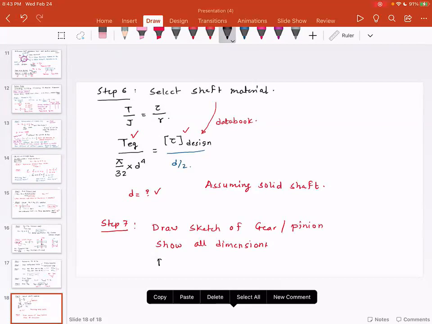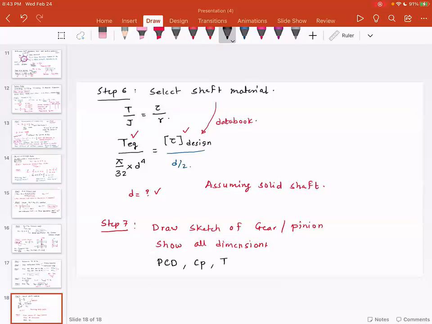The important dimensions are PCD and circular pitch. You should show the number of teeth of the pinion and the face width. When you say sketch, we have to draw 2 views. And you can show addendum and dedendum if you like.